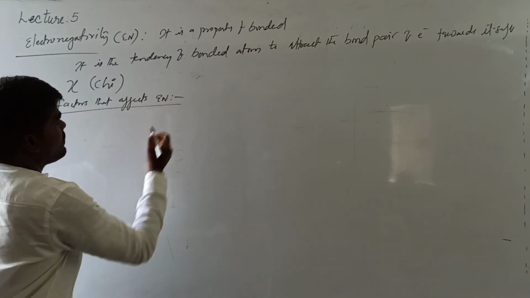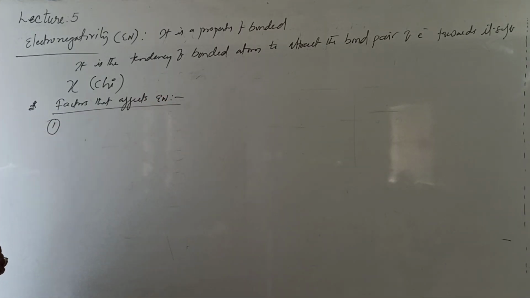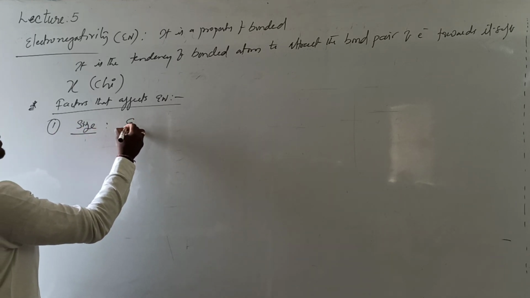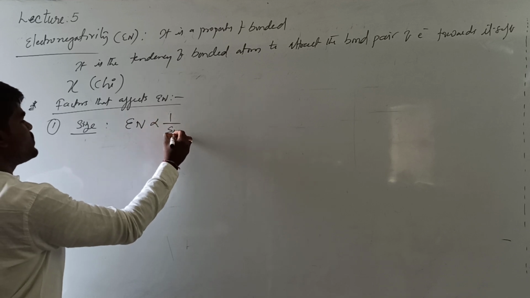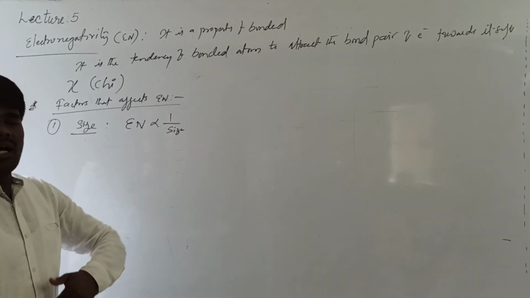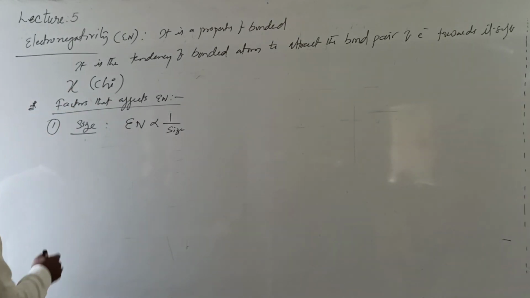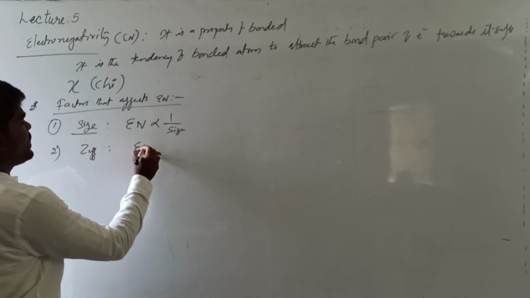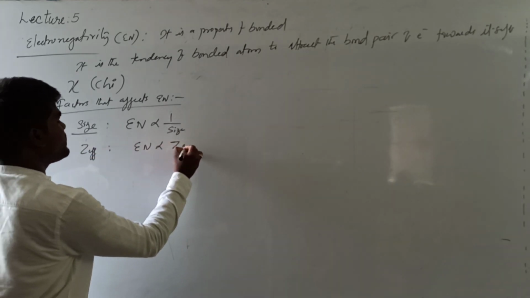Now, if you are talking about the factors that affect electronegativity, what is the first factor? The first factor is size. Electronegativity is inversely proportional to size. As the size decreases, electronegativity increases. The second factor is Z effect. Electronegativity is directly proportional to Z effect.